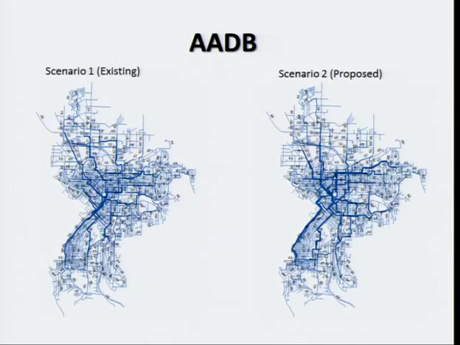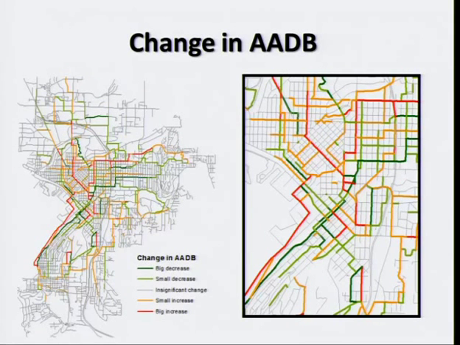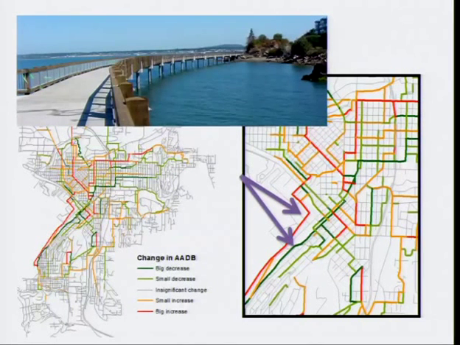We ran our tool to get the bike volumes on both of them. Even though this is far away and you can't see it very well, you can see that there is something different here on the proposed system. Let me give you another graphic that will show some of the differences. This is showing the change in annual average daily bicyclists between scenario 1 and scenario 2. Let me highlight this inset: a lot of bicyclists would not be going on this arterial road, and there is a proposed trail that the city of Bellingham is proposing to turn into more of a bike suitable trail.